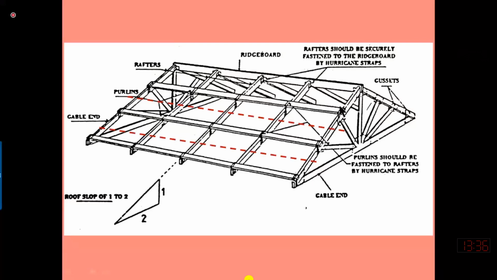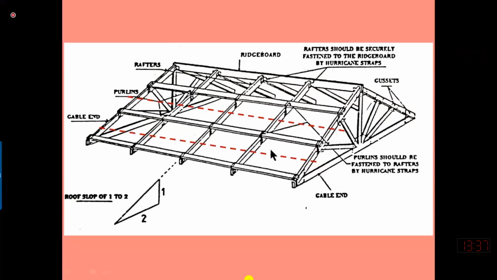We will design for the gravity load. Gravity load means that we will not consider this inclined length; we will consider the horizontal length. Actually the total load is acting on this panel, just as I'm assuming, and also on this panel. So half of this panel's load is transferred to this purlin and half of the load is coming from the other panel.